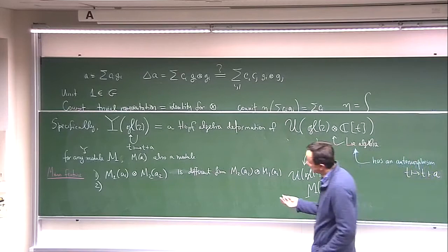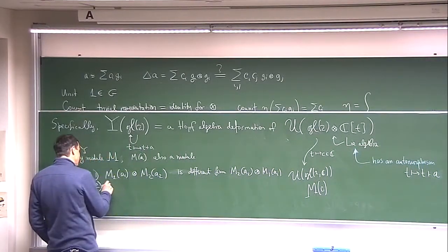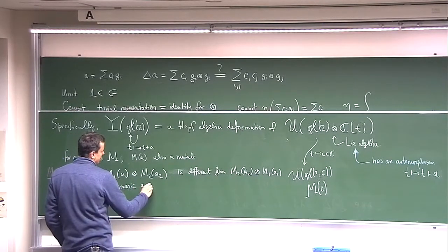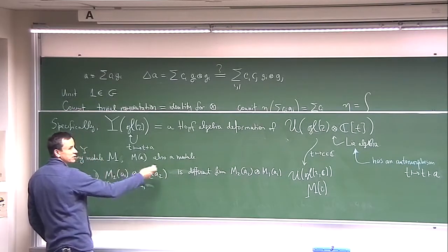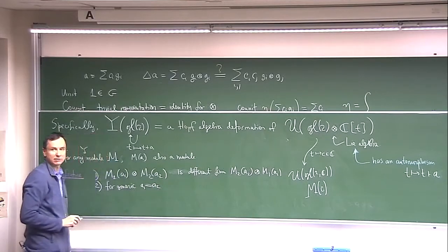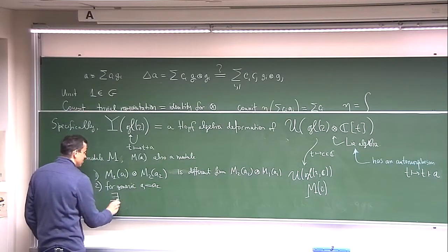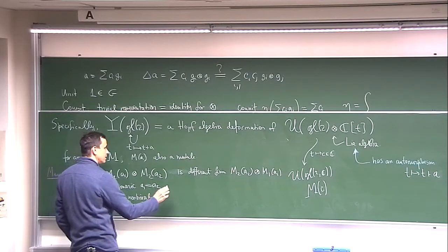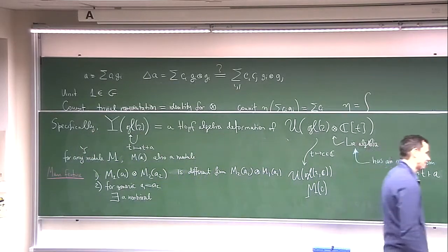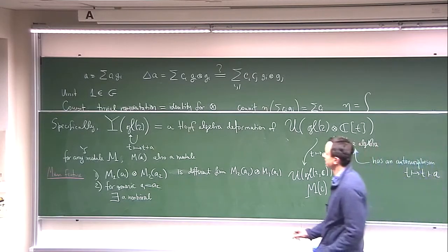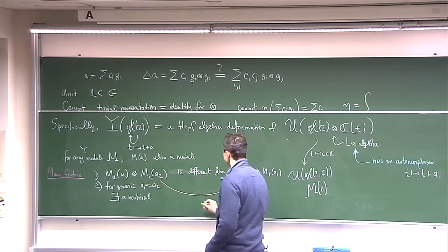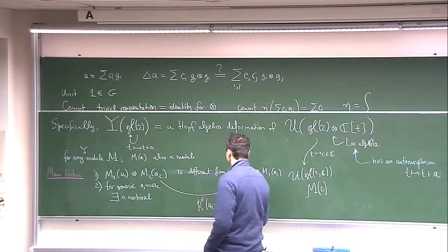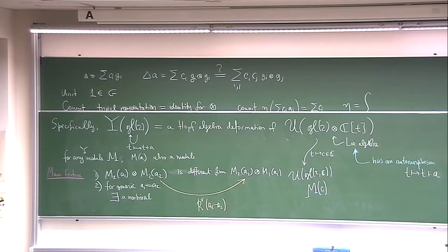The manifestation of that is that for generic a1 and a2 (since there are automorphisms, it's enough to require the difference to be generic) there exists a nontrivial intertwiner, usually denoted Ř, a function of a1 minus a2, because simultaneous translation is an automorphism.